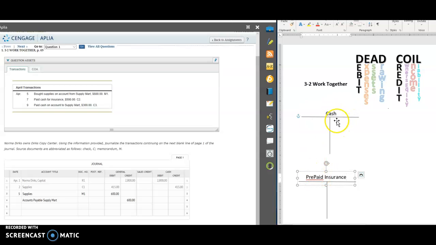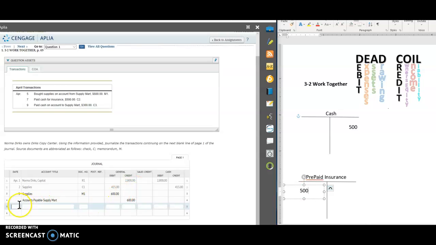Cash is an asset, and if it's going down, it's not on the debit side, it'll be a credit side. The normal balance for assets is debit. So when cash is going down, it is a credit. So that is 500. Now prepaid insurance is also an asset, and if we're buying insurance, that means the amount of our insurance that we have is going up. So it's going to be a debit for 500.